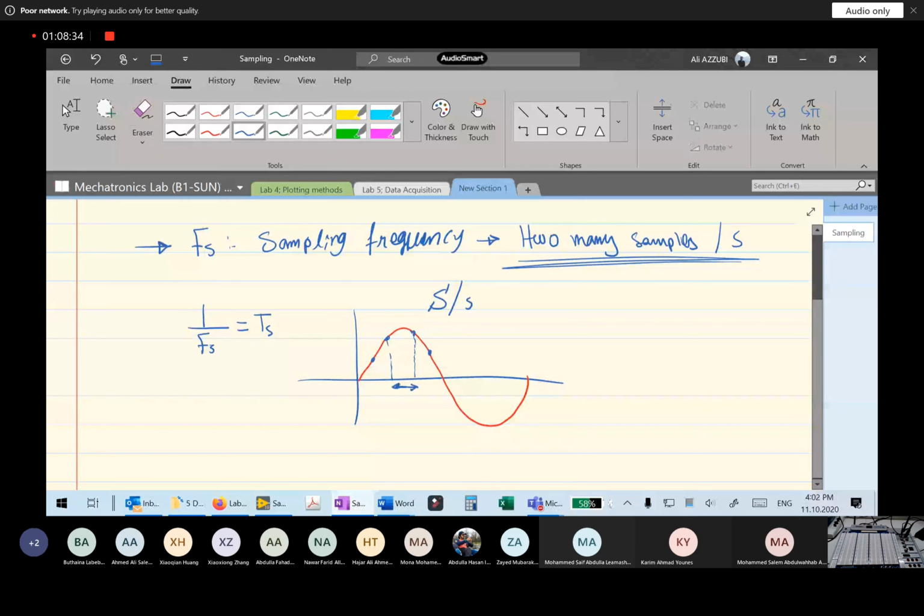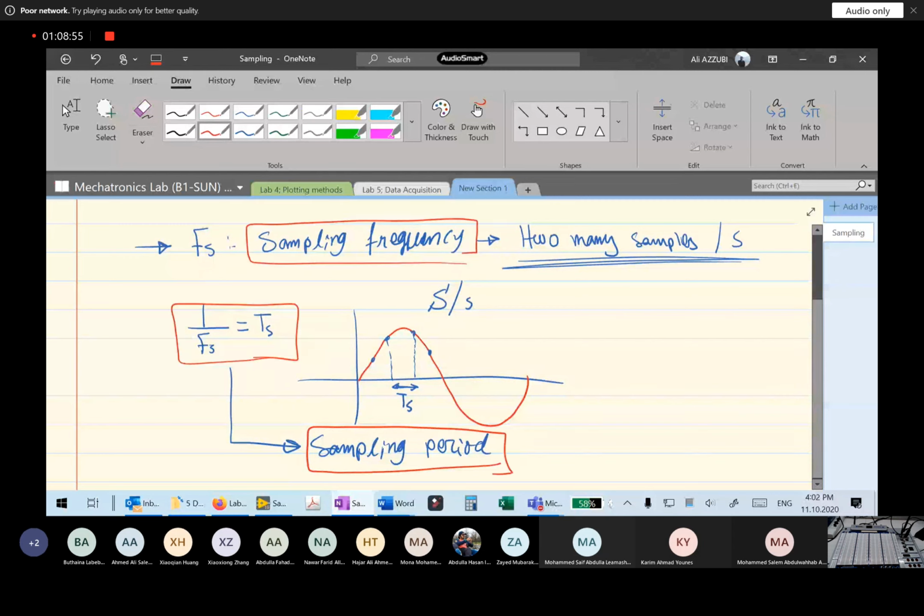The length of this period here is Ts. You need to remember this sampling period terminology and this relation. Okay, guys.